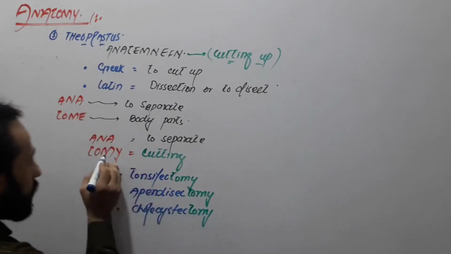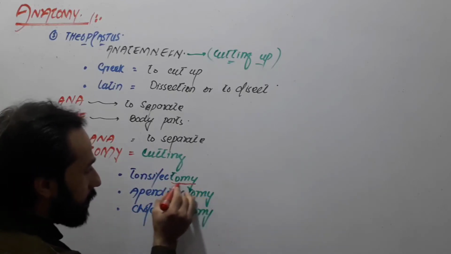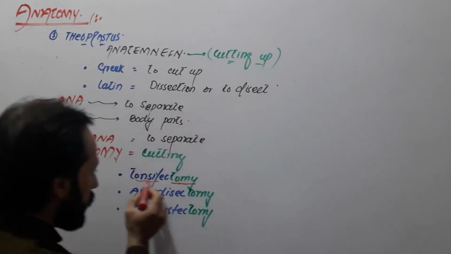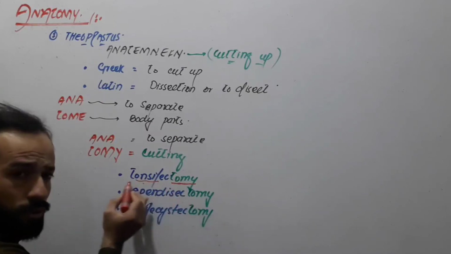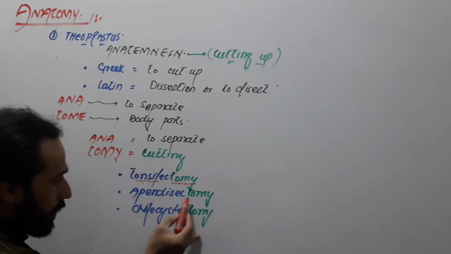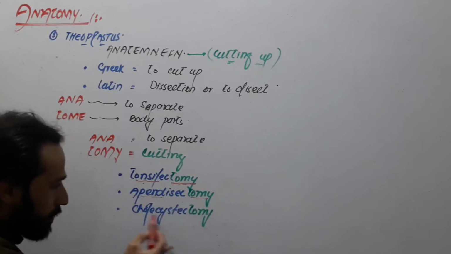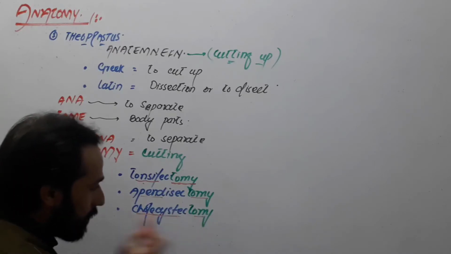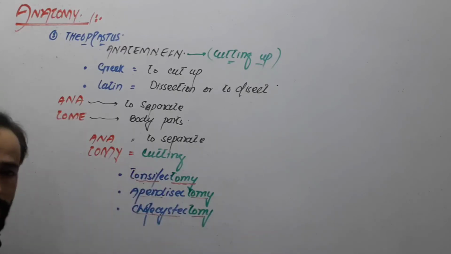This tomy I have written here means cutting. When we cut the tonsils, we have lymph nodes here, it means tonsillectomy, cutting the tonsils. Appendicectomy means cutting the appendix. Cholecystectomy means cutting the gallbladder. So that's why I have written here tomy, cutting.